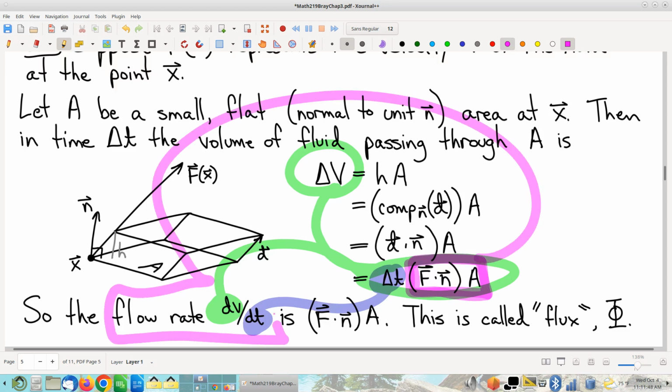So that's the flow rate: F dot N times area. It turns out that this expression, F dot N times area, is a really interesting quantity called flux that we're going to do, again, tons of stuff with when we get into chapters 6 and 7.